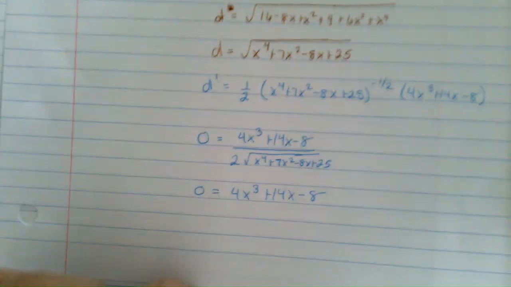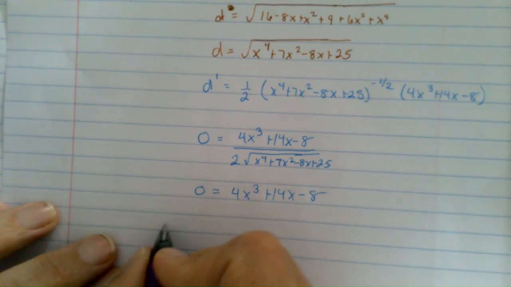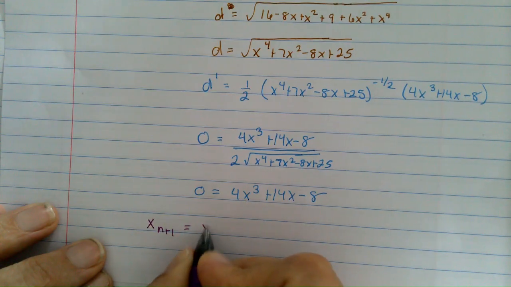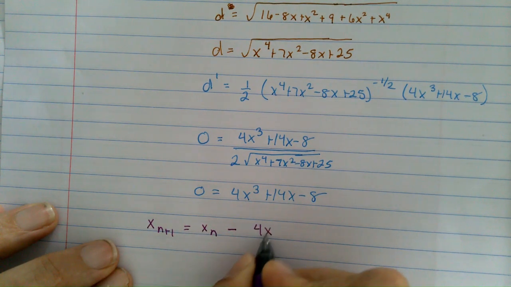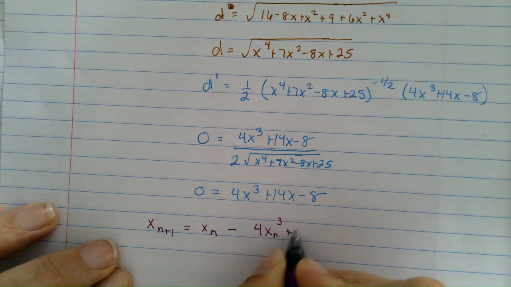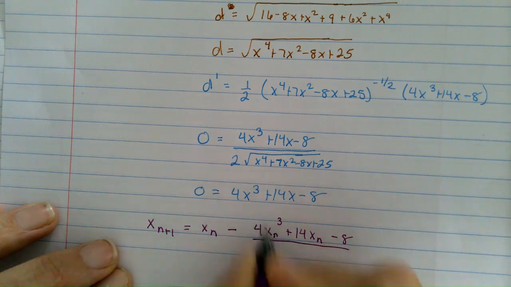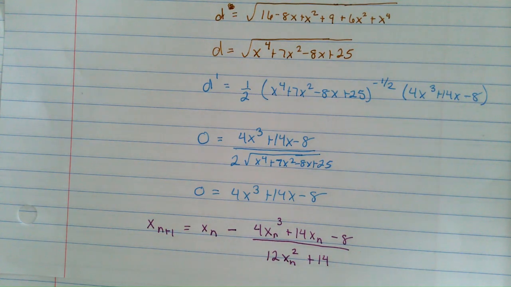Okay, so I'm wanting to find this 0, because finding this 0 will have our distance minimized. So remember, x sub n plus 1 will equal x sub n minus f of x sub n over the derivative. That would be 12x squared plus 14. So there we go.